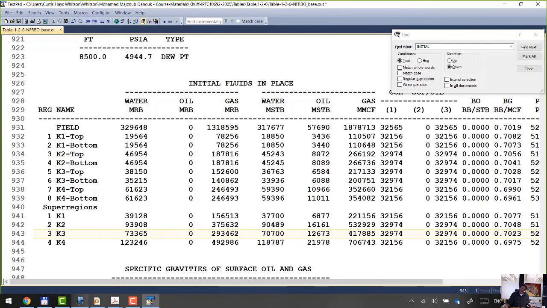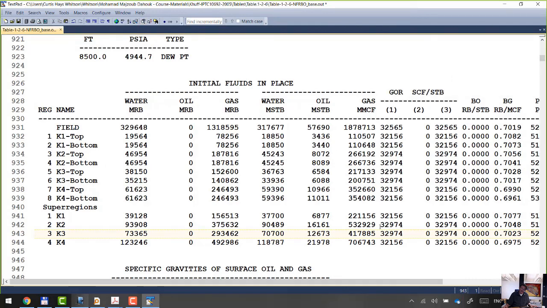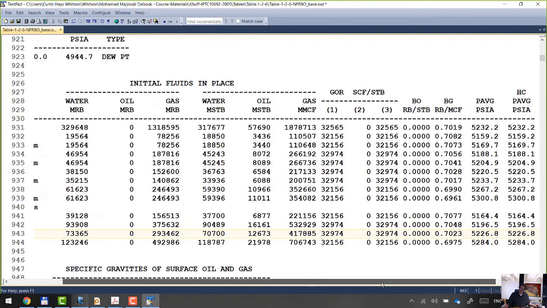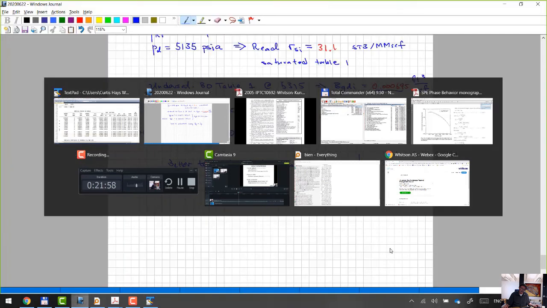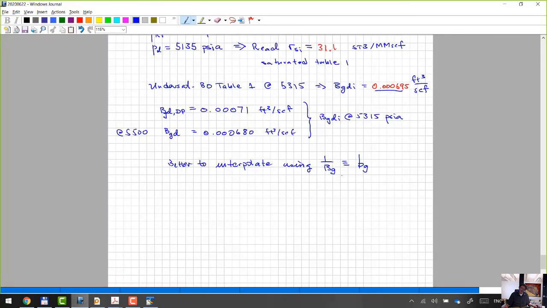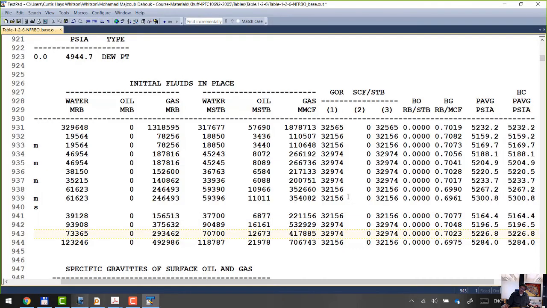And you've got initial fluids in place. It actually gives the BGI for us. Let's see how that compares. 0.000695.